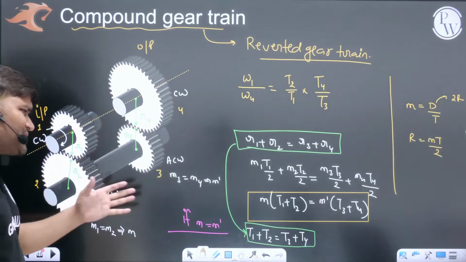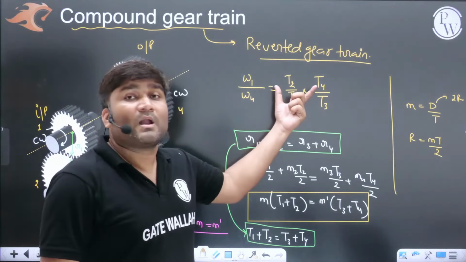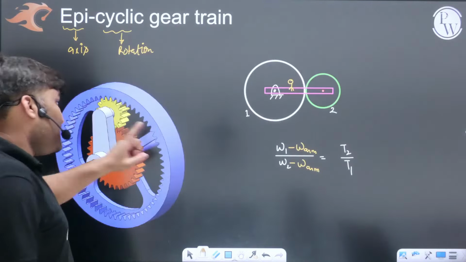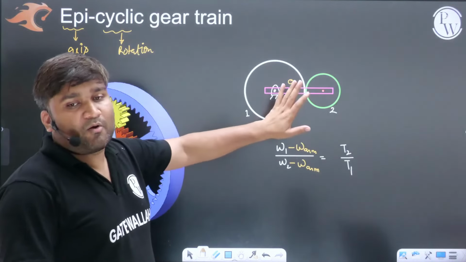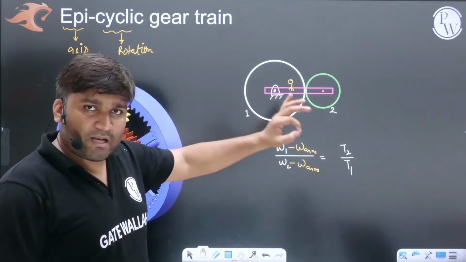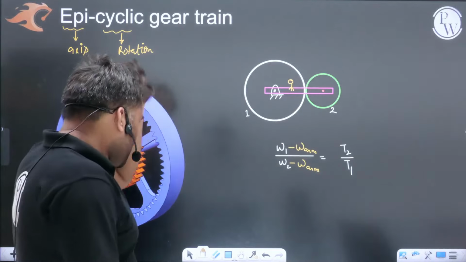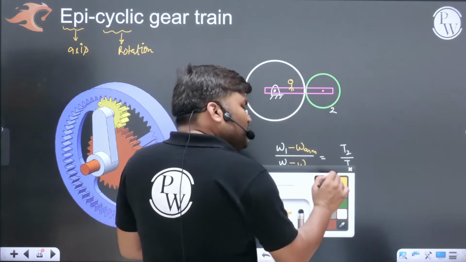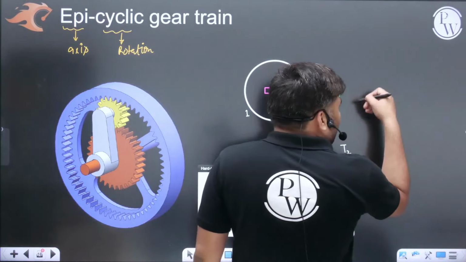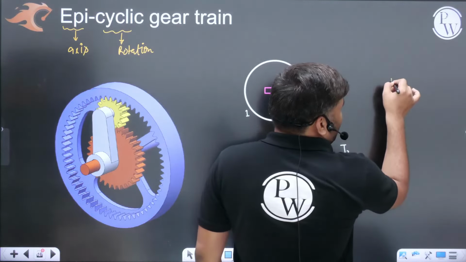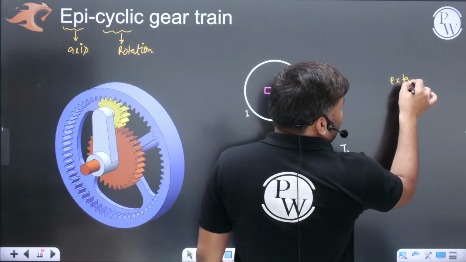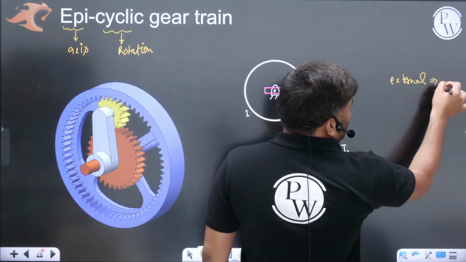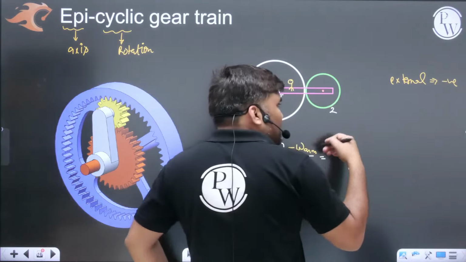For direction, I will not be dependent upon the formula, but here I cannot be sure about anything. I literally cannot tell anything. So here you will take care of the sign, you will take help of mathematics. According to mathematics, if you have external gearing, you will use a negative sign and the direction will be reversed.